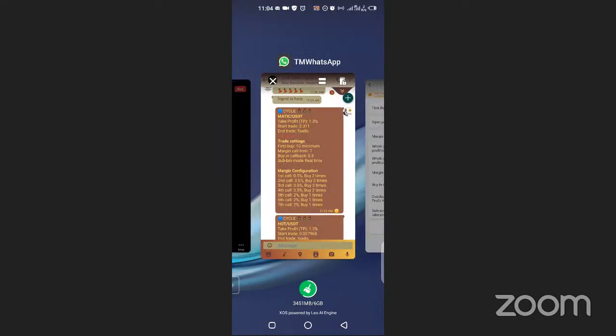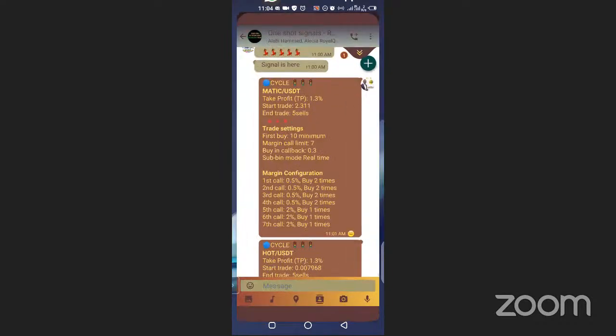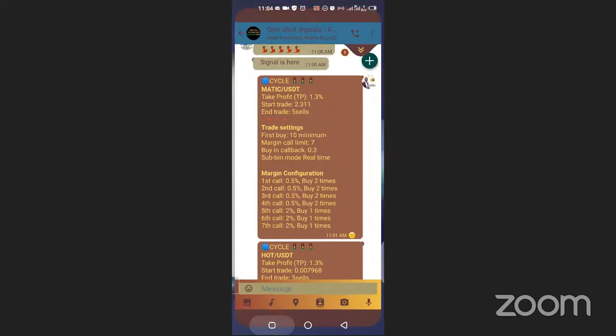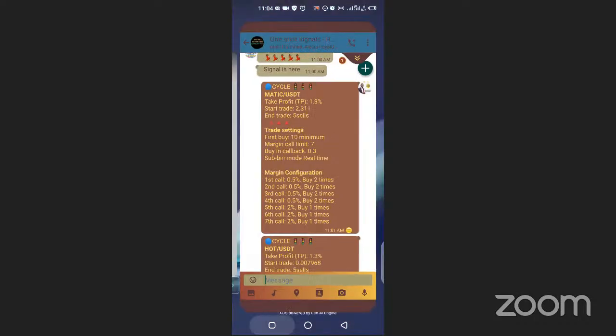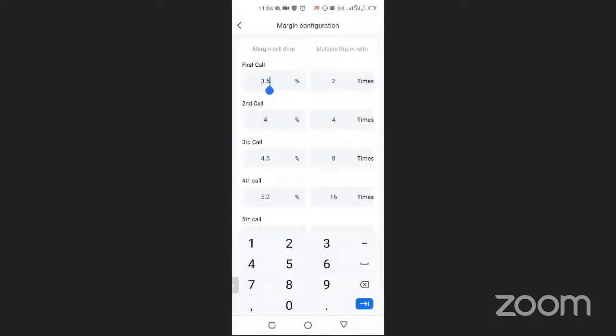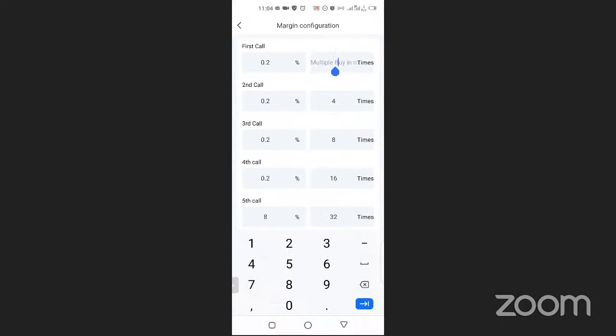Margin call configurations 0.5, 0.5, 0.5, 2%, right? So come in here, margin call configuration. Now me, I can reduce. I can even do less than this because I want my robot to buy faster. Because I understand the first two margin calls, then I come here, right?